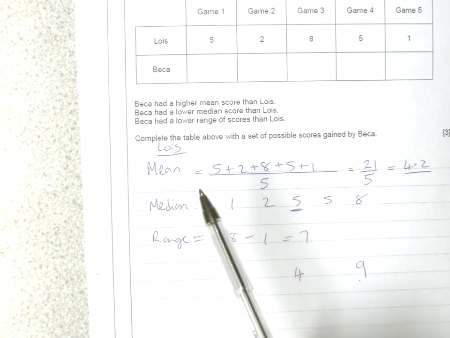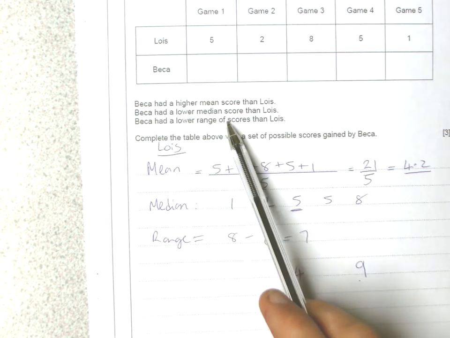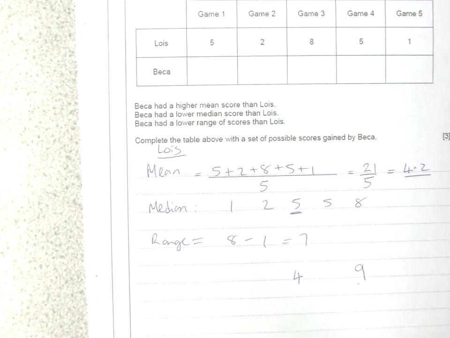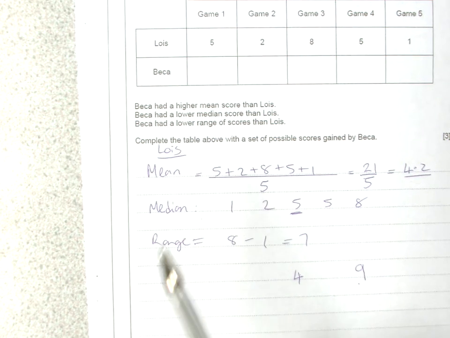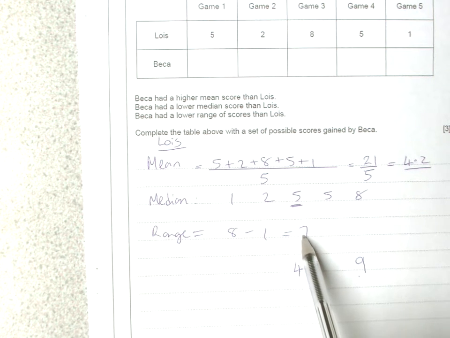The other thing as well, now let's look at the third bullet point. Becca had a lower range of scores than Lois. Okay, well, if you think about the range, Lois had a range of 7. Now if Becca has a lower range, then we'd have to have Becca having a range of, say, 6 maybe.